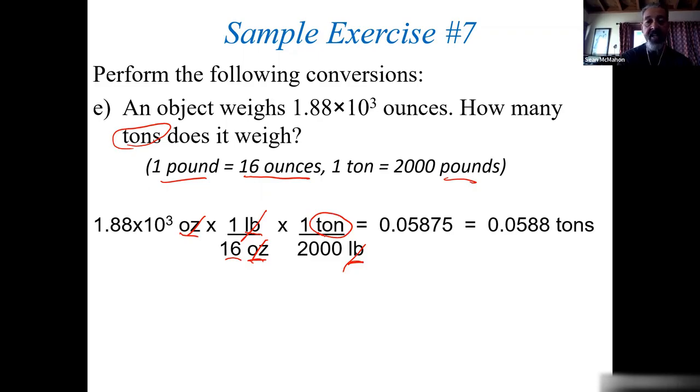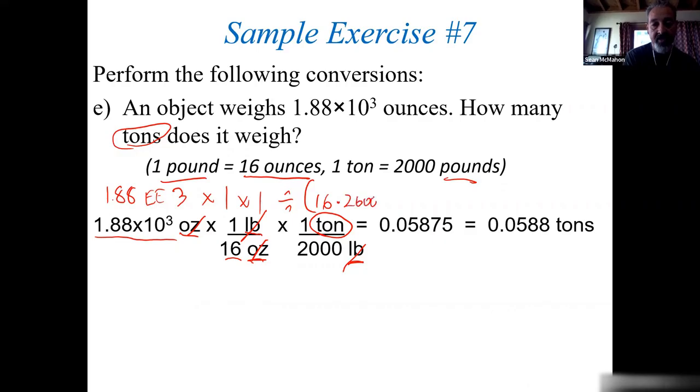Okay. And again, how are you going to multiply 1.88 times 10 to the 3? Remember to use that EE button, second function EE, right? So you would go 1.88 second function EE or EXP 3, right? Basically times 1. And then when you hit divide, what I recommend is do the parentheses, 16 times 2,000, and you get this number.